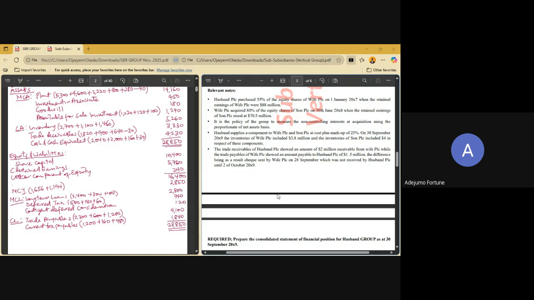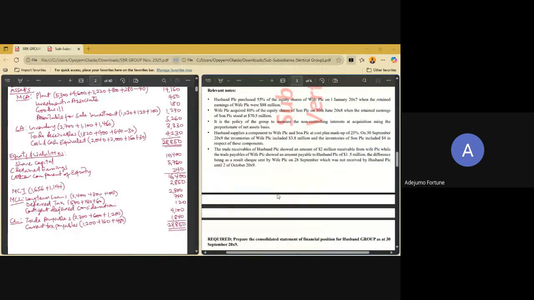It is the policy of the group to measure the non-controlling interest at acquisition using the proportionate of net assets basis. Husband supplies a component to Wife PLC and Son PLC at cost plus markup of 25%.